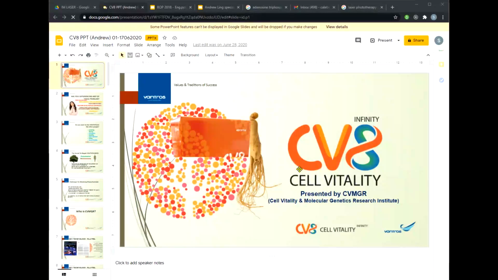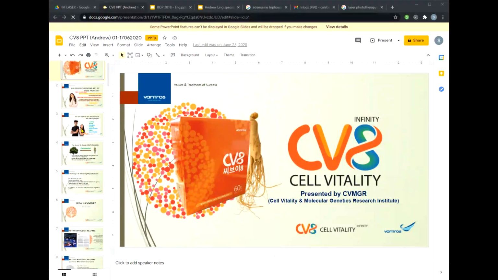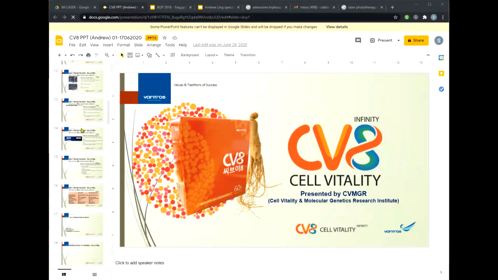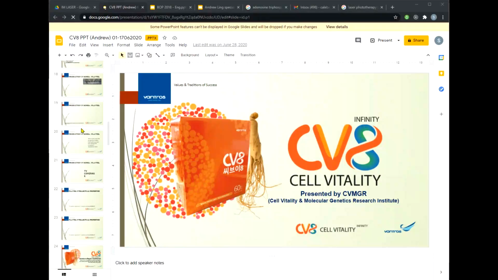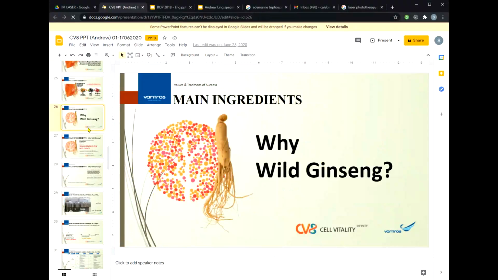Okay, CV8. Can you see the screen now? We have the ginseng here. The main ingredient is wild ginseng. The screen is a bit slow.